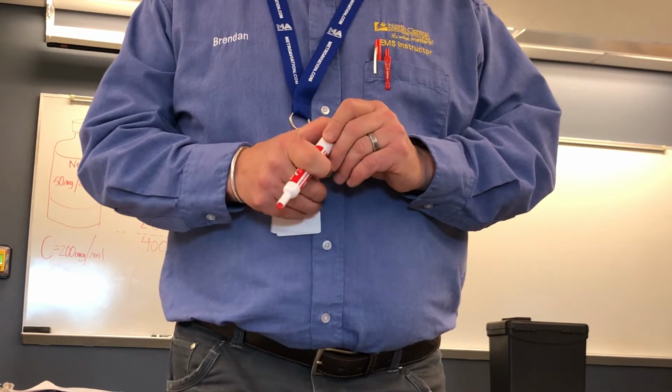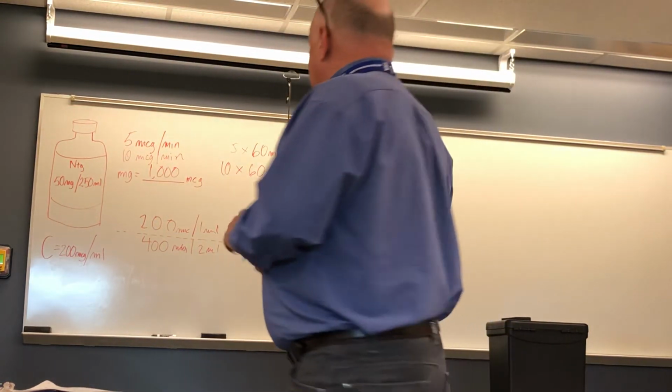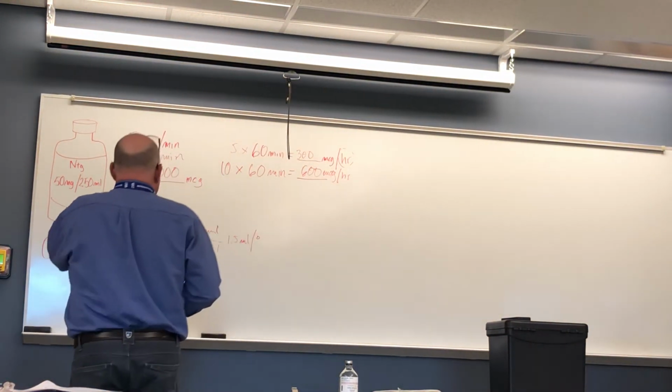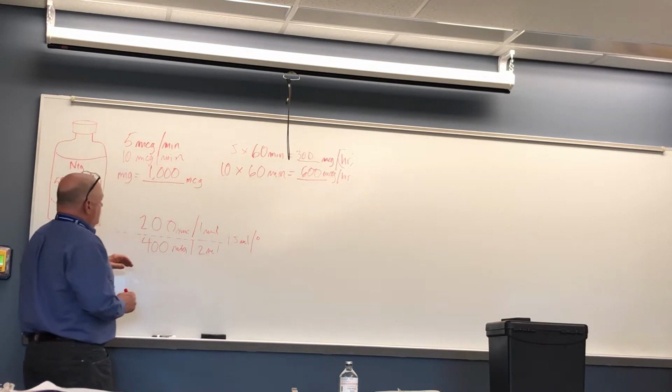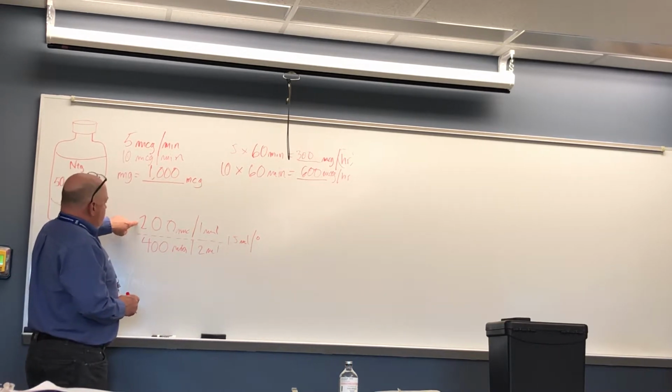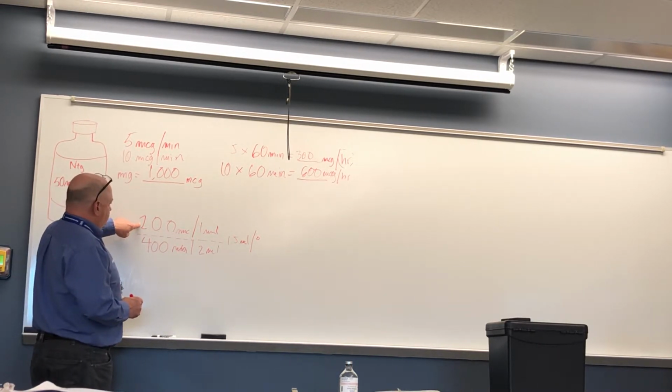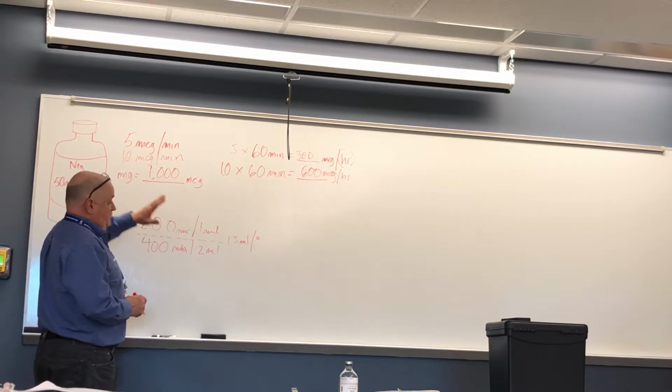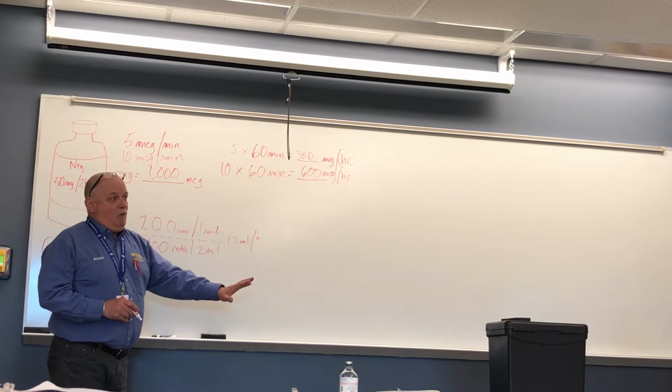You need to make enough: the 200, 400, and 600. Okay. First step of med math is always how many mLs? But now we're giving him mics per minute, so over an hour.